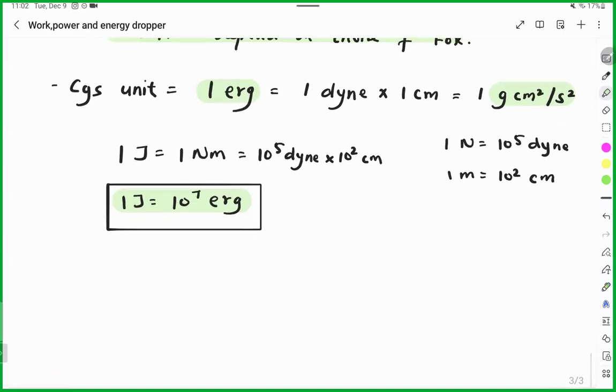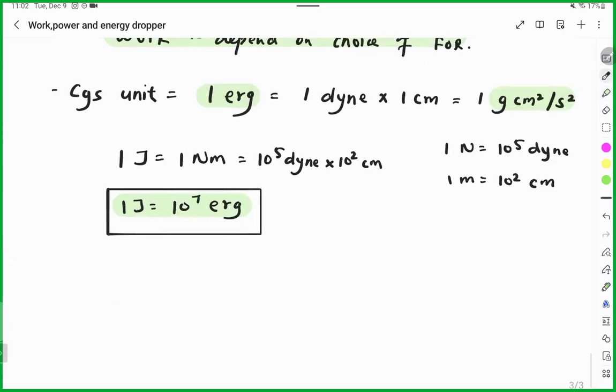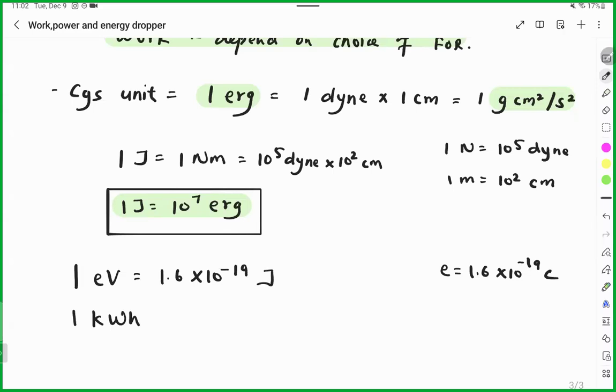And when you talk about the unit of work done, there are two popular units: 1 electron volt and 1 kilowatt hour. As you know, the charge on the electron is 1.6 into 10 raised to power minus 19 coulomb. Same way, 1 electron volt will be equal to 1.6 into 10 raised to power minus 19 joule. Why?